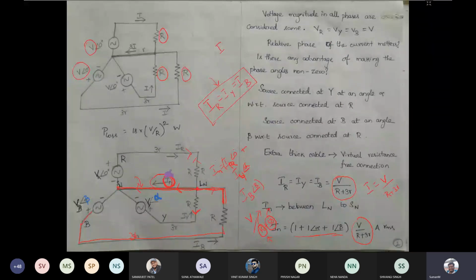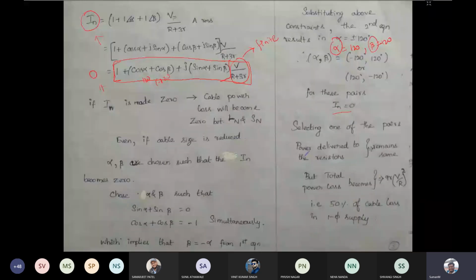If there is no current, there is no power loss in this cable. If there is no power loss and no current going to flow through this particular path, obviously you can remove that path. You can leave the circuit like this for the source, and then have the load also in star connection or delta connection, which we will see later.